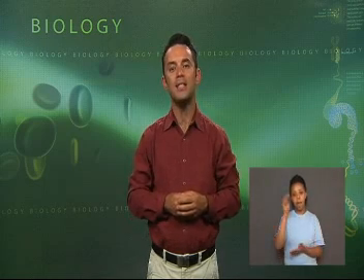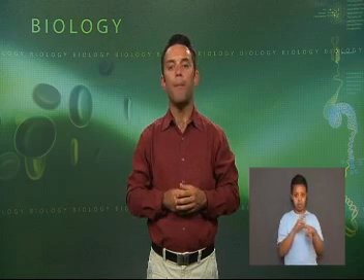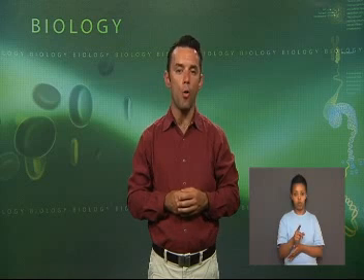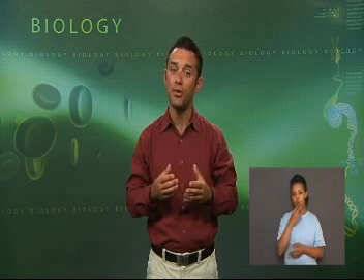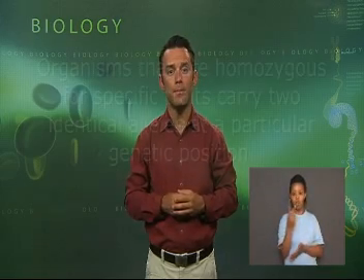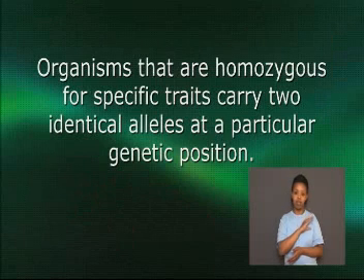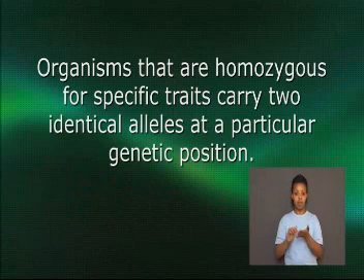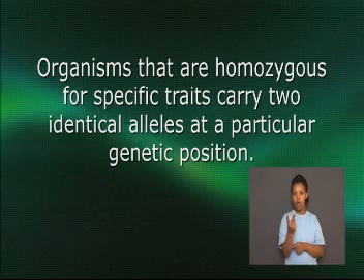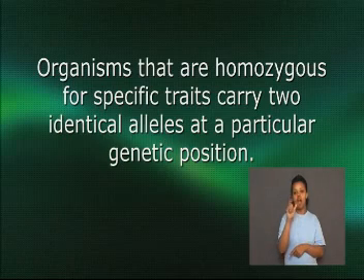Mendel began his experiments by crossing two homozygous parental organisms that differed with respect to two traits. An organism that is homozygous for a specific trait carries two identical alleles at a particular genetic position.